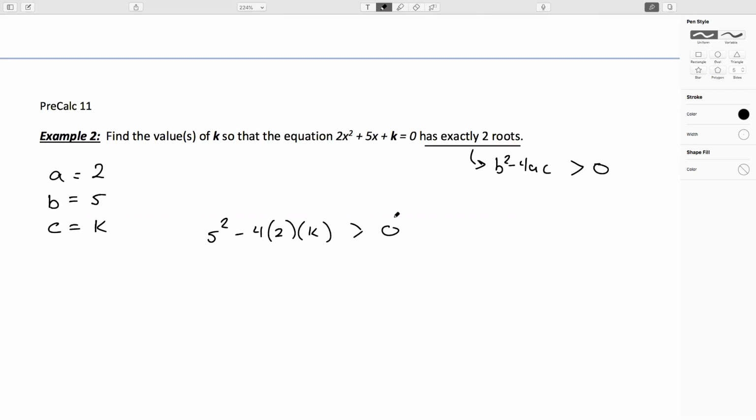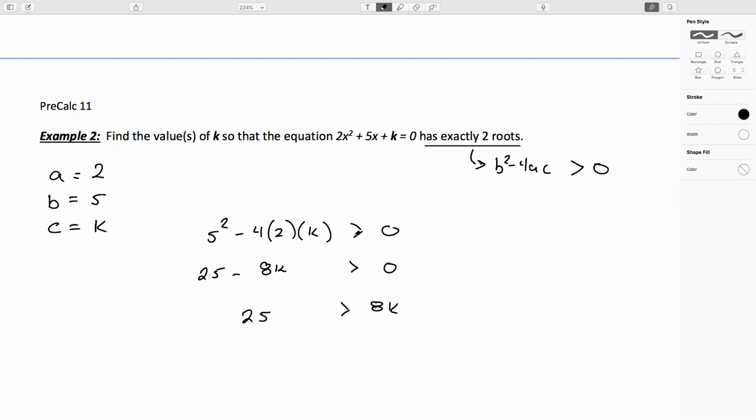So we can go ahead and simplify this a little bit. 5 squared is going to give us 25 minus 4 times 2 times k, so it'll be 8k, greater than 0. We can now start moving some things around. We can move the 8k to the other side. 25 is greater than 8k.